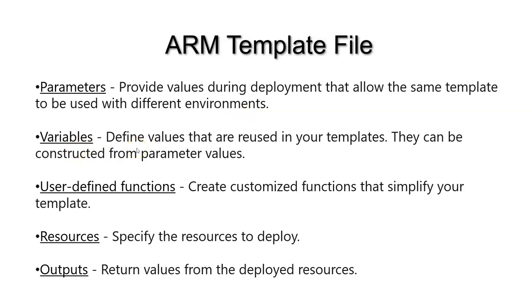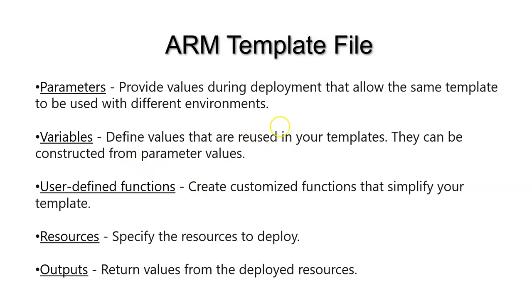Variables define the values that can be reused or dynamically changed during your code or scripting under the resources. Define values that are reused in your templates. They can also be constructed from parameter values. You can utilize the parameter values and dynamically change the values of that particular variable.